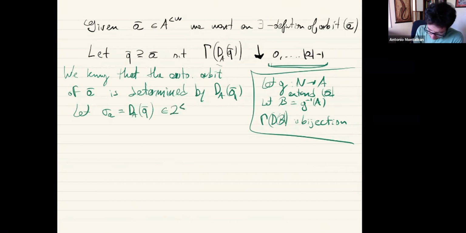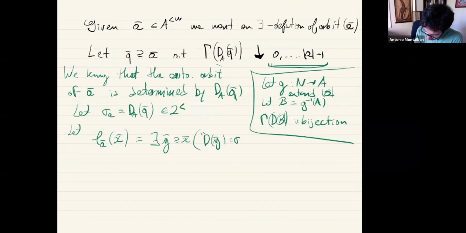And now the formula that we're going to define, the formula that depends on X, is the formula that there exists a Y extending X such that the diagram of Y equals sigma.